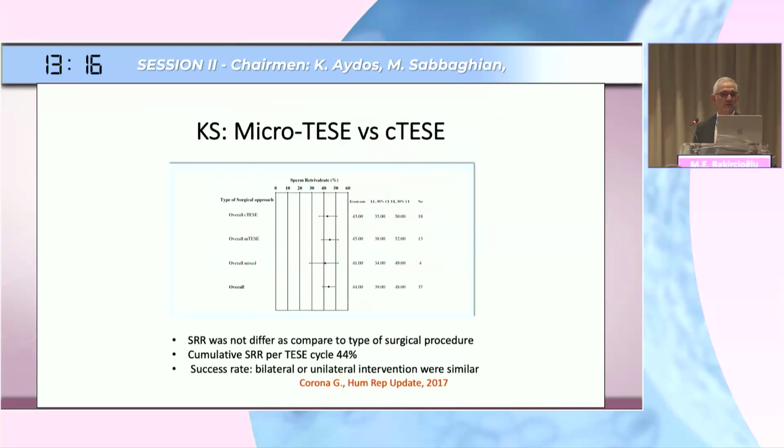They compared sperm recovery rates by surgical procedure and found that the procedure does not affect the sperm retrieval rate, which is 44%, and bilateral and unilateral results were similar in this study.